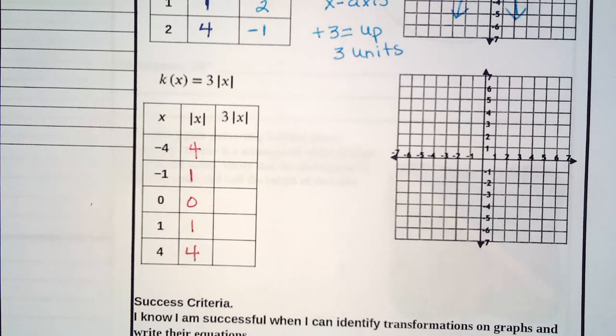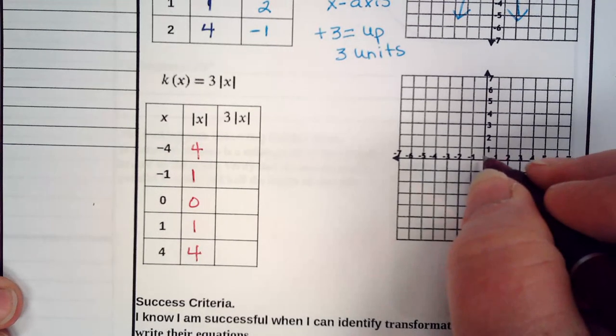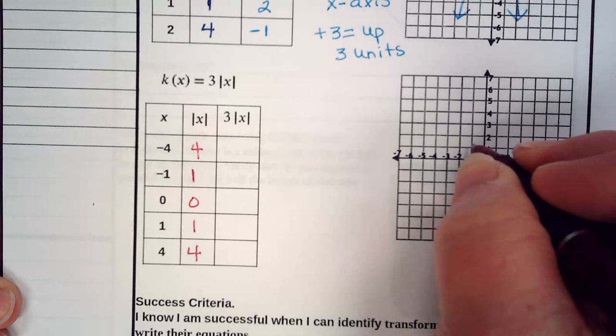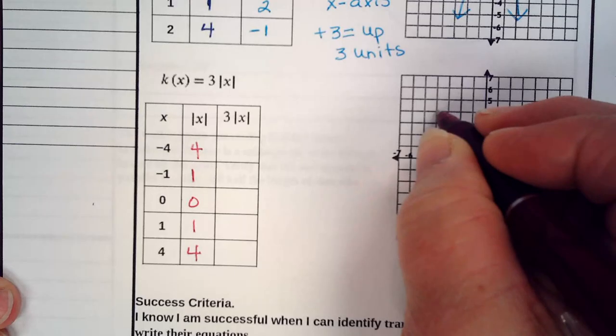So as I graph this, I remember that it makes that V shape. So I start out at 0, 0, negative 1, 1, and I go to negative 4, 4.